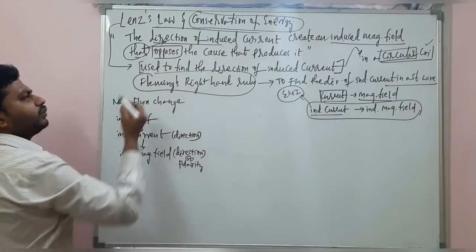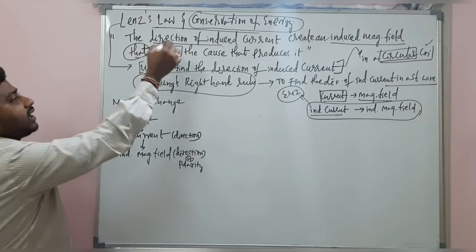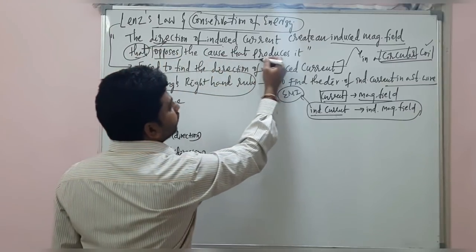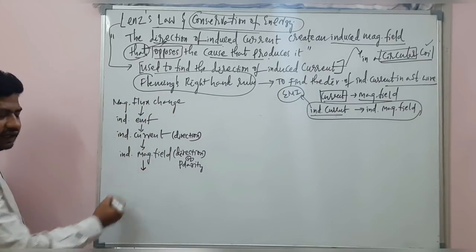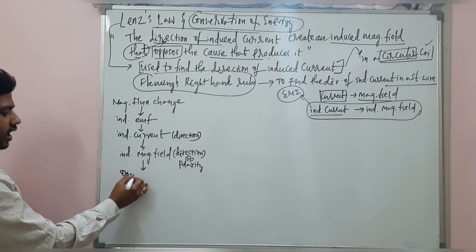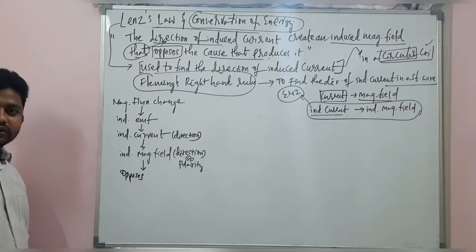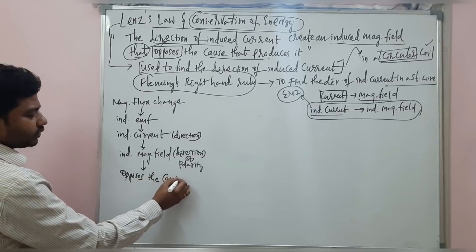This is the most important word in this definition. So this opposes the cause that produces it. This induced magnetic field polarity or direction always opposes the cause that produces it.